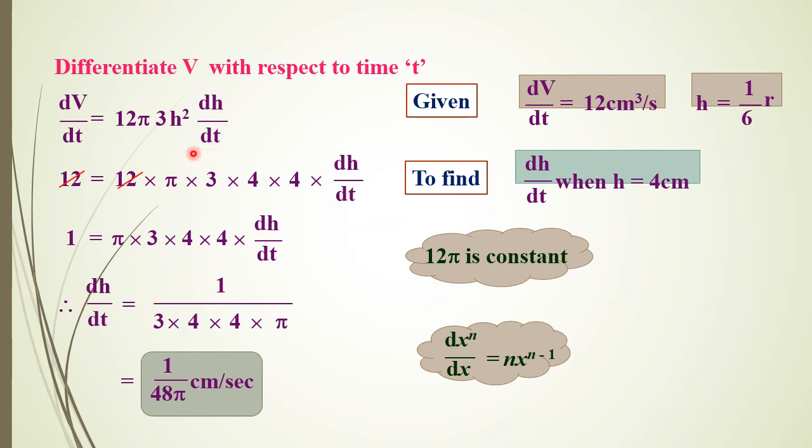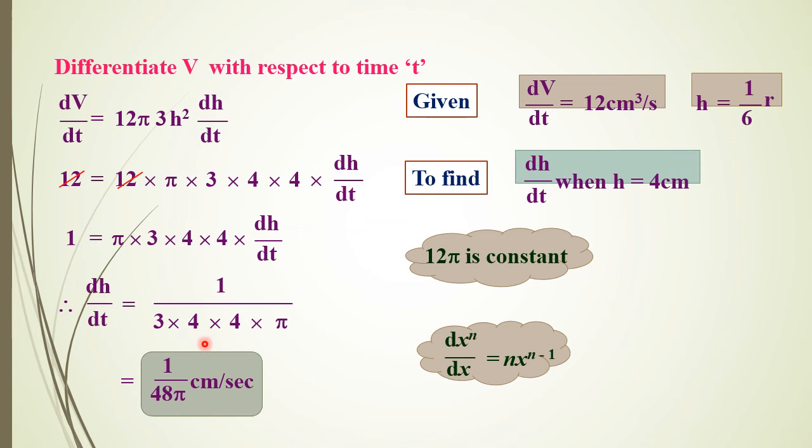Next, dV by dt is given as 12 centimeter cube per second. Then the height of the cone is also given, it is 4 centimeter. Substitute everything in this differentiated term so that we get dh divided by dt. So dh divided by dt equal to 12 divided by pi times 3 into 4 into 4, you cross multiply it, so you will be getting this much.